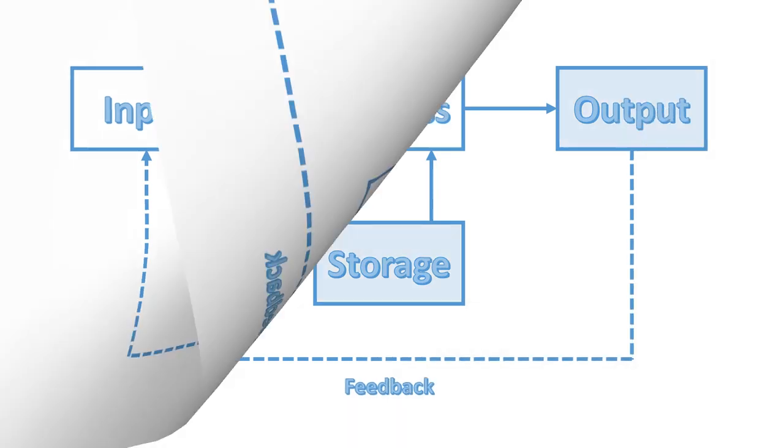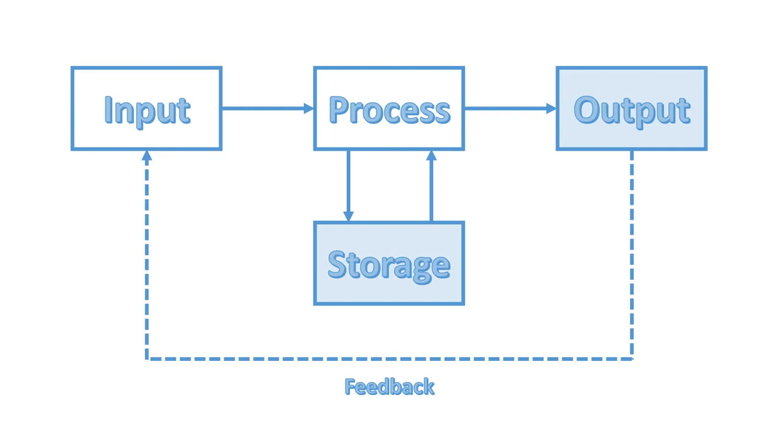Either the data is stored or it is output. If it's stored, sometimes it's stored and used as an input later on, but sometimes it's just stored for long-term usage. You know, maybe you're just archiving it for later use. The output is sometimes used as an input later on.